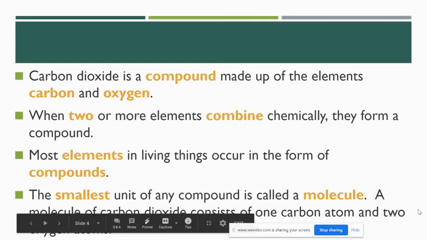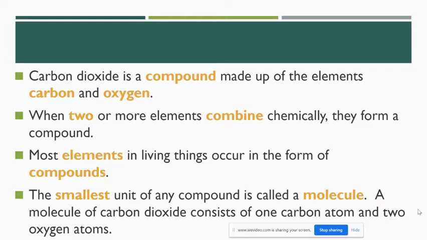So compounds then, the gas carbon dioxide is a compound because it's made up of the elements carbon and oxygen. So you're putting them together, you're combining them. So when two or more elements combine chemically, they form a compound. And then most elements in living things, like us, actually occur in the form of compounds.